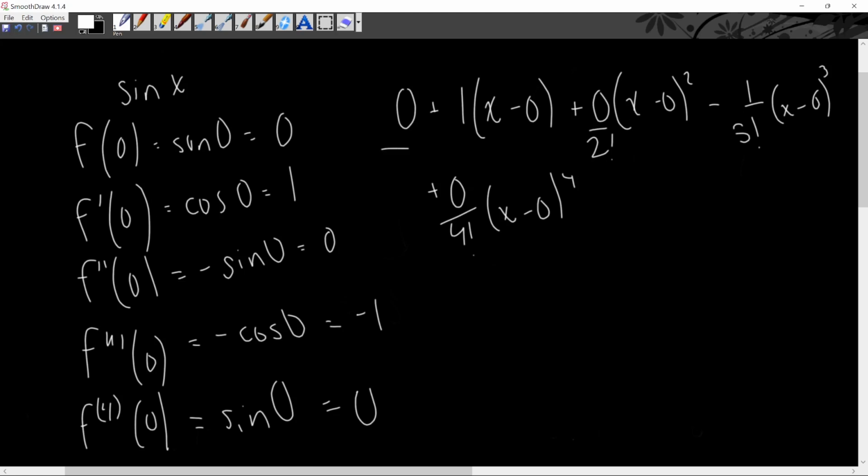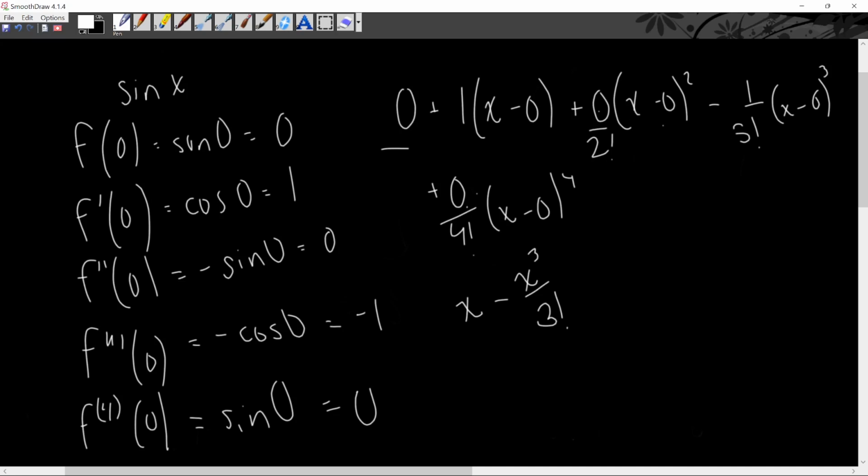And now 0 is not really going to give us a value, so we can ignore it. We do 1 times x, which is x, and then again 0 times anything will be 0, so we can ignore that one. We're going to be left with minus x cubed over 3 factorial, and this will again be 0. And just to again show the pattern, we can go out one further.